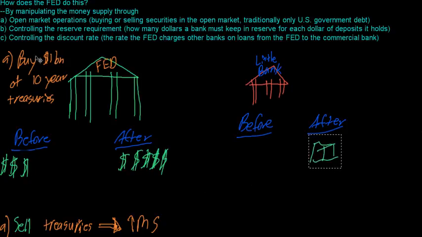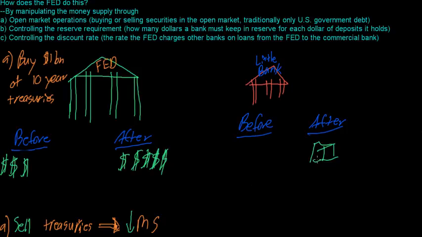So this has led to a decrease in the money supply, because the bank had dollars before and now it doesn't. And in the after it has treasuries. So it has treasuries and no dollars. And in the before it had dollars. So that's been a decrease in the money supply because now the bank has less dollars to loan out.